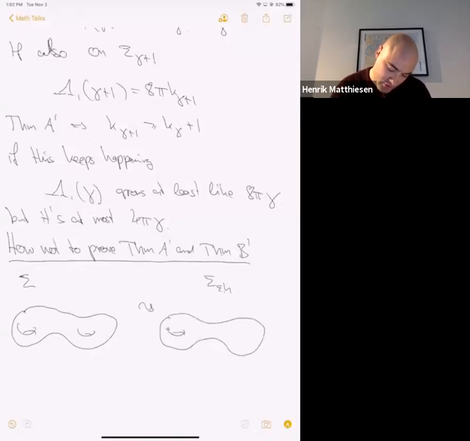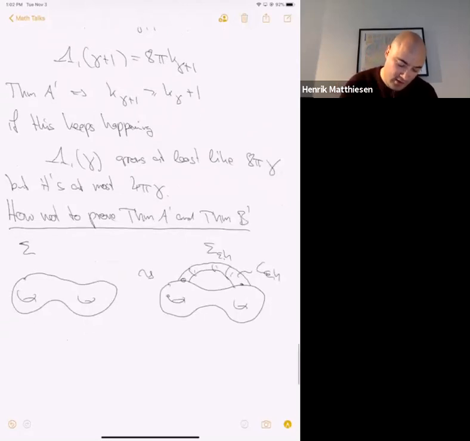It's the original surface, and then I attach a cylinder here, which we call C epsilon 8, and let's just take the simplest geometry you could imagine for that. So let's just take the flat product metric. This is just a sphere of radius epsilon times an interval of length 8.